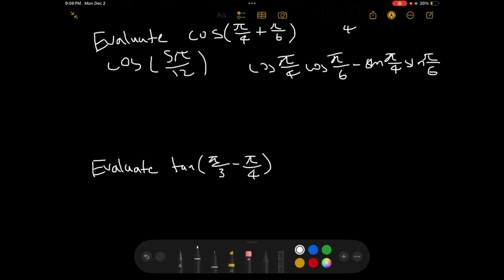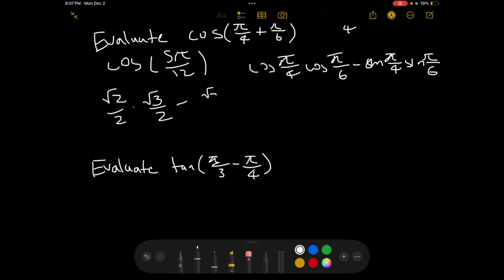By the way, if you work through all of these methods to derive the identities, I think it is quite likely that you will be able to memorize these formulas automatically without even going into a textbook and trying to memorize them. So cosine of pi over 4 is root 2 over 2, and cosine of pi over 6 is root 3 over 2.